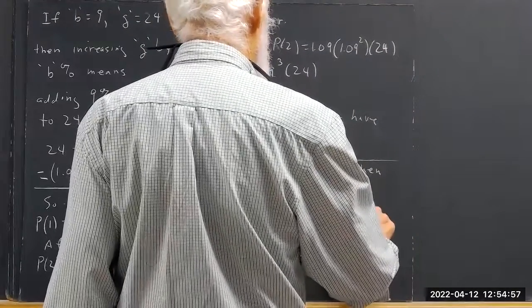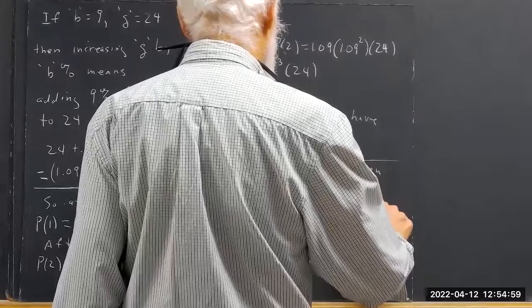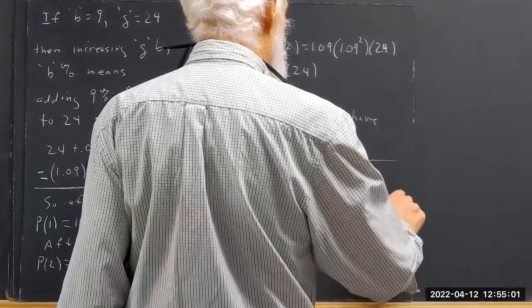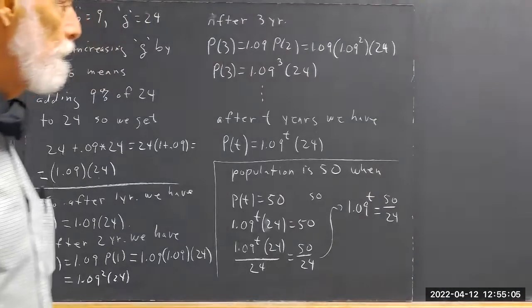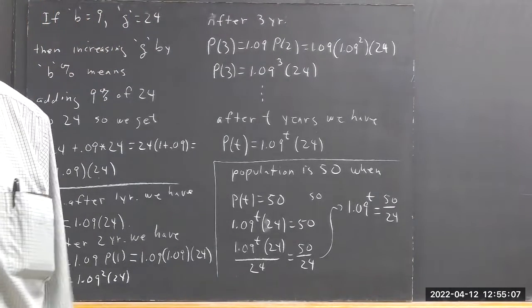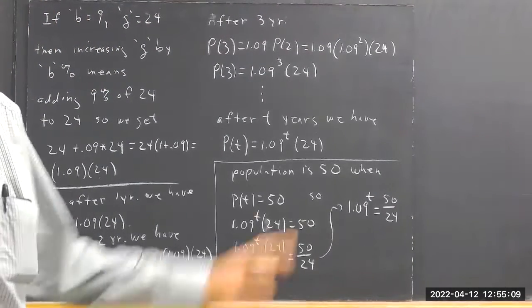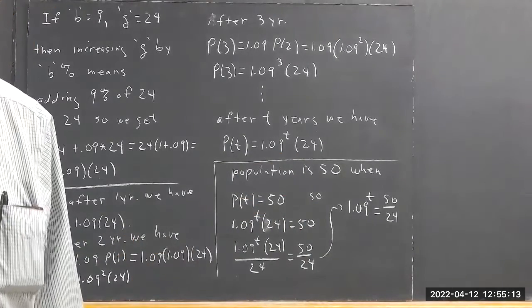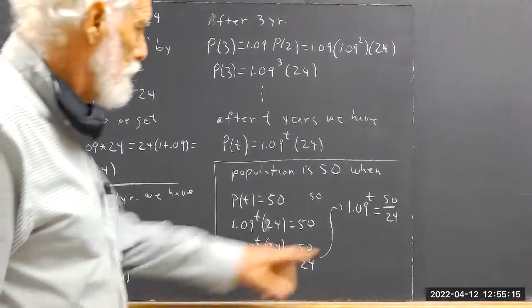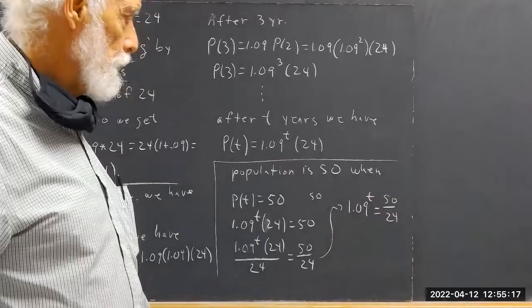Which gives us 1.09 to the t equals 50 over 24, which is about 2.1. We'll keep it 50 over 24. Of course, we could reduce it to 25 over 12, but we're not going to mess with that anymore.